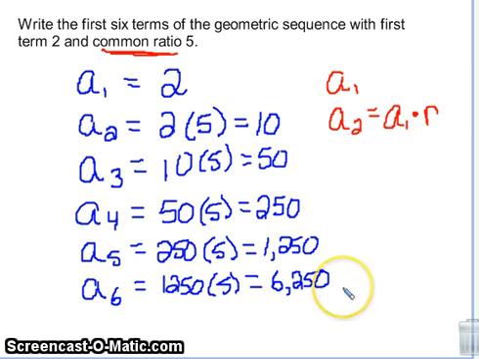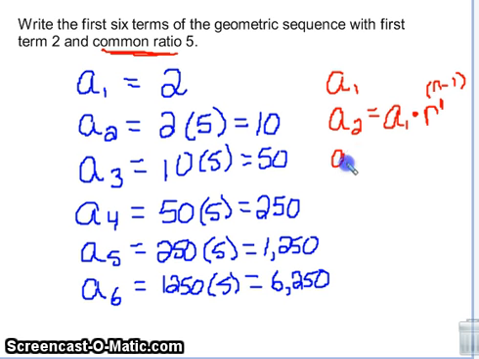Common ratio times R. So how many R's do we have here? We have one of them, right? That's why we have to have the n minus 1. Does that make sense? We only need r to the first.